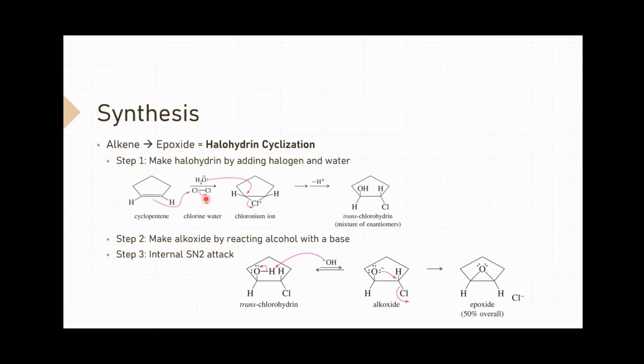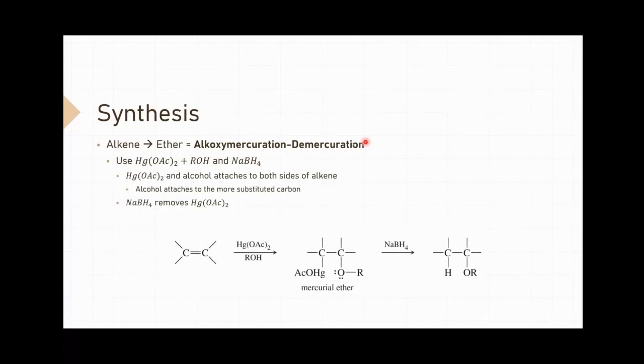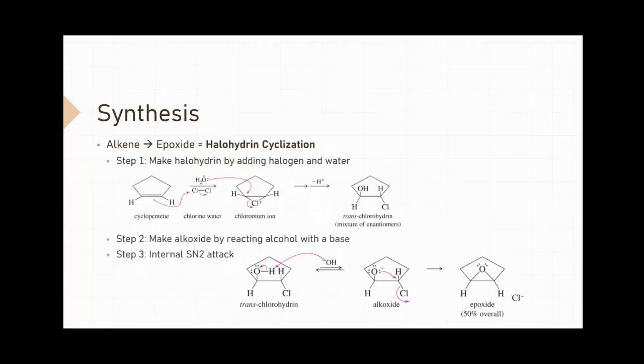But here, it's kind of similar to the other one, but instead of mercury, you're using a halogen in water to get rid of the double bond.